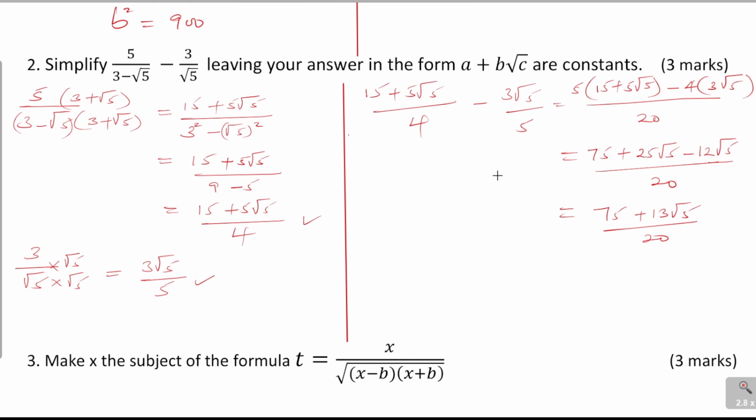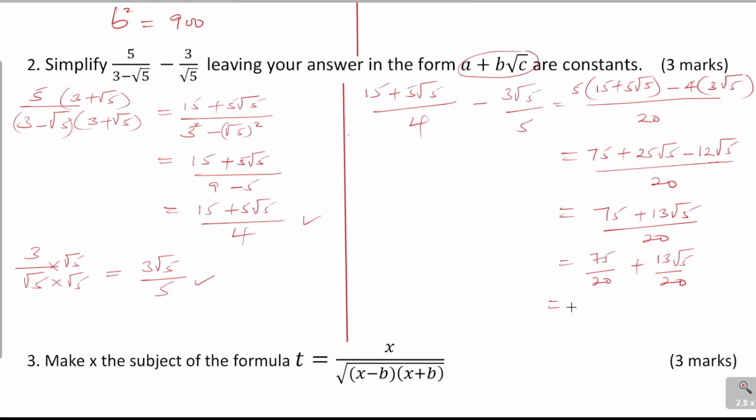Now to leave the answer in this format, a + b root c, you have to take 75 divided by 20 plus 13 root 5 divided by 20, of which you can leave it like that, or you can decide to simplify it further by taking 75 divided by 20.